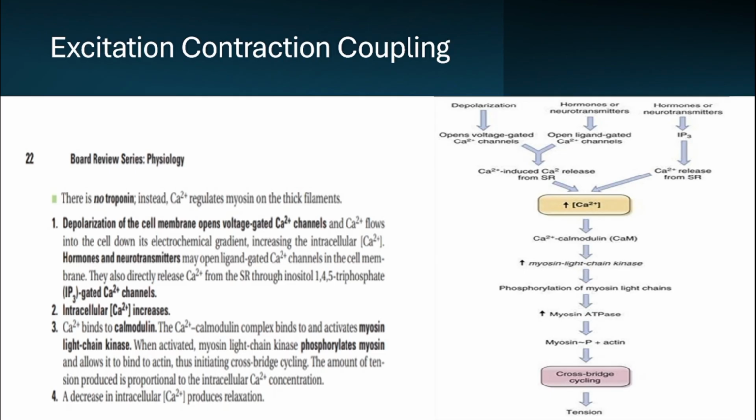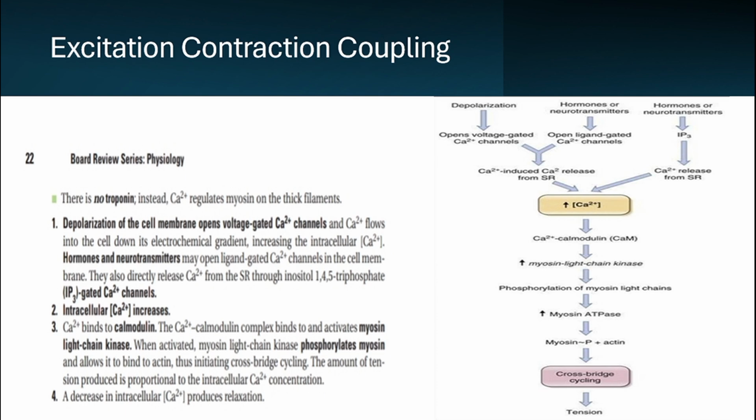Okay, then we have the excitation-contraction coupling in the smooth muscle. So remember that there is no troponin. So how does the intracellular calcium increase? We have three mechanisms. One is the depolarization of the membrane. It opens the voltage-gated calcium channels, and calcium flows into the cell down the electrochemical gradient, and this increases the intracellular calcium.